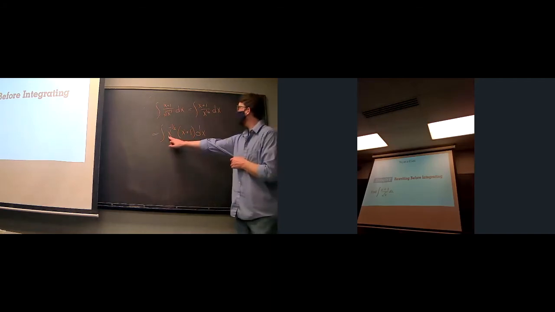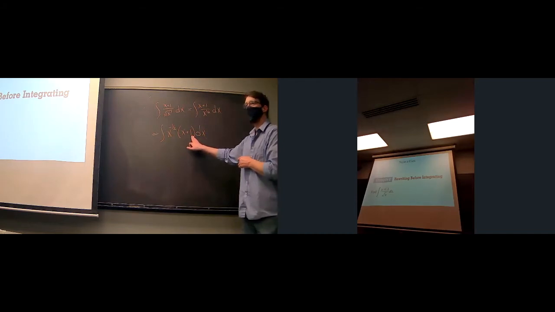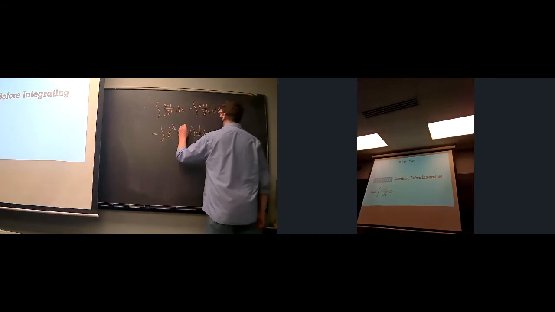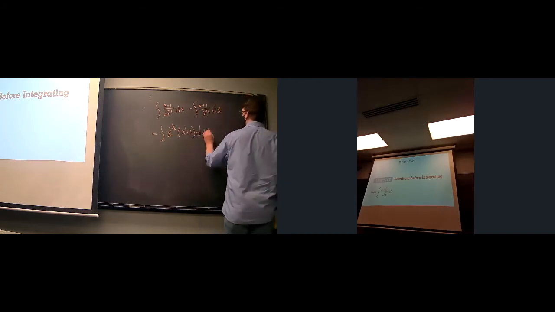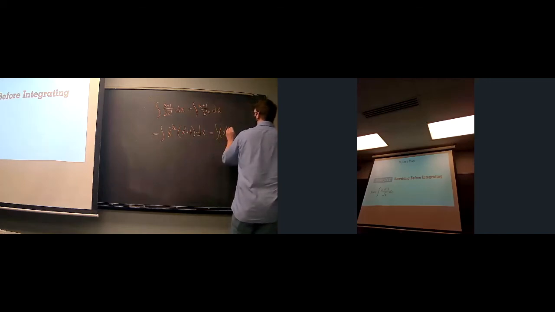Now we can distribute this all the way through, agreed? This is x to the first power, so when we distribute through, we're going to get the integration of x to the 1/2 plus x to the negative 1/2 dx.